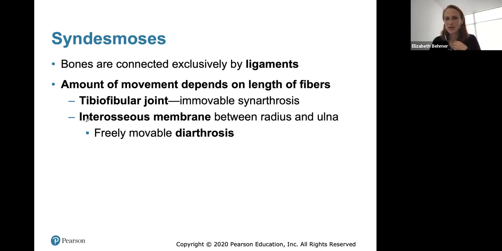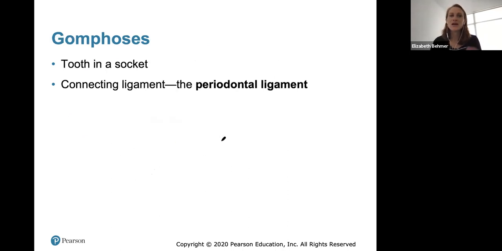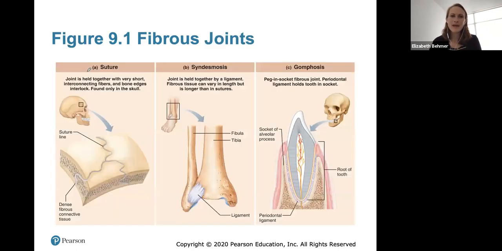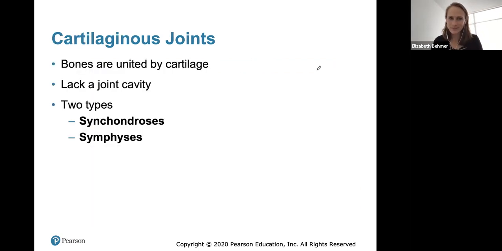The interosseous membrane is a type of syndesmosis, which is between the radius and ulna, and that is a freely movable diarthrosis. Gomphoses refer to teeth in their socket, and these are the different types of fibrous joints: a suture, syndesmosis, or gomphosis. So know these types of fibrous joints.